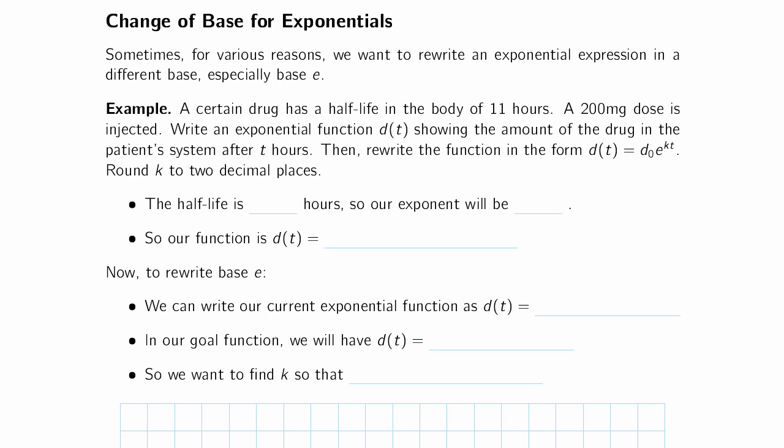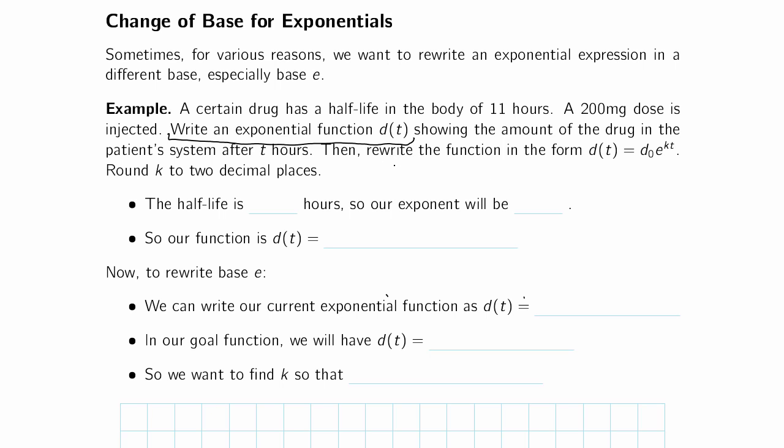We are told in this example that we have a drug with a half-life of 11 hours. We start with a 200 milligram dose, and we want to start by writing an exponential function, any old exponential function, showing the amount of drug in the patient's system after t hours.